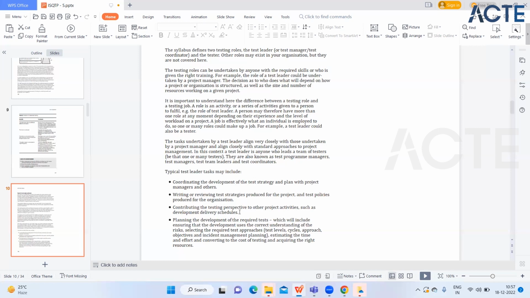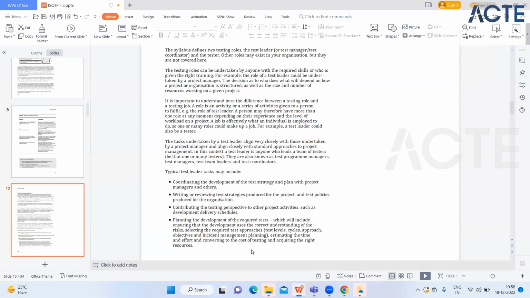Planning the development of the required test, which will include ensuring the development uses the correct understanding of the risk, selecting the required test approaches like test level, cycle, approach, objectives, and incident management planning, estimating the time and effort, converting it to the cost of testing, and acquiring the right resources.